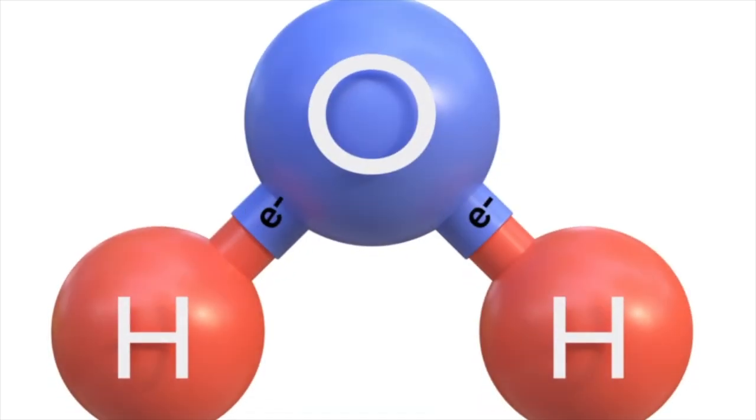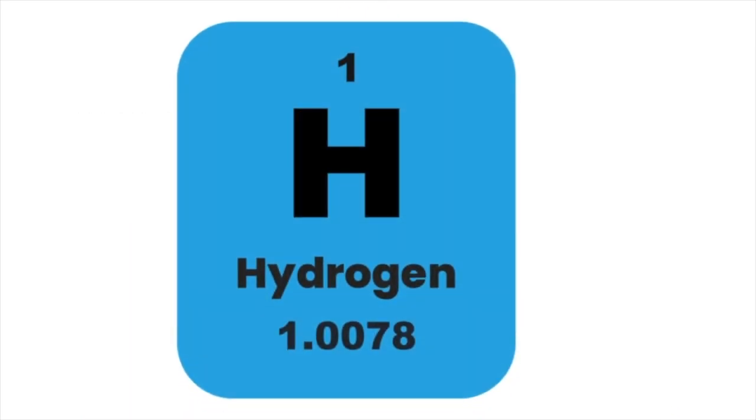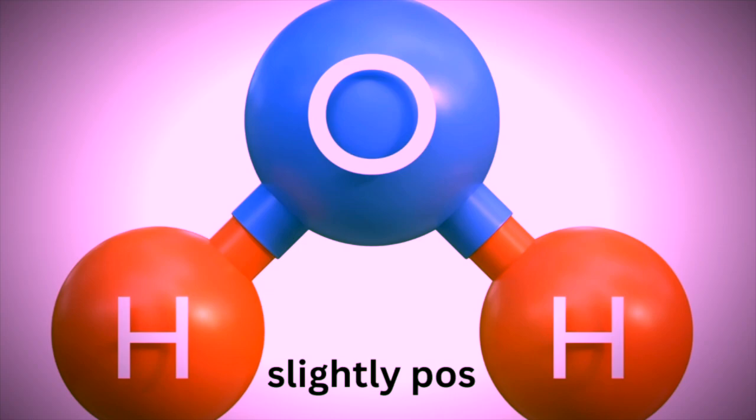In addition, the hydrogens asymmetrically share their single electrons more with the electrophilic oxygen atom and less with themselves. Since hydrogen has only 1 positive proton surrounded by 1 single orbiting electron, this asymmetric electron sharing causes this side of the water molecule to be slightly positive.